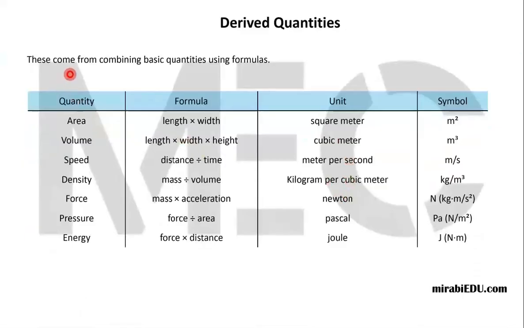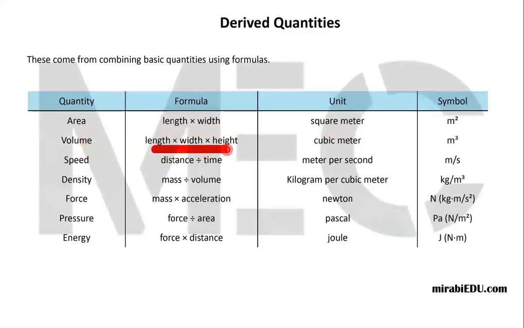Area. These come from combining basic quantities using formulas. For example, area is length times width, so the unit is square meter. So two length dimensions are multiplied by each other to form this quantity. Volume is length times width times height.